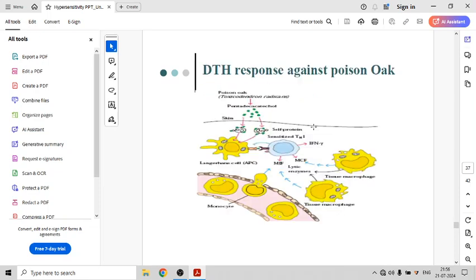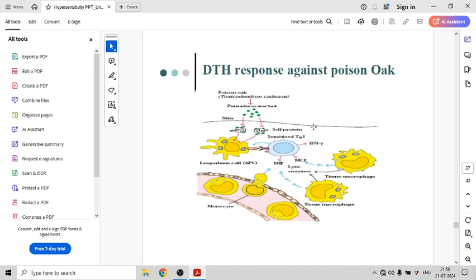Here is the other example, where the response against the poison oak is shown, where it is making its entry through the skin, through the sharp thorn of the poison oak.